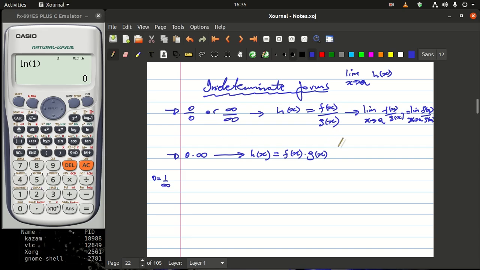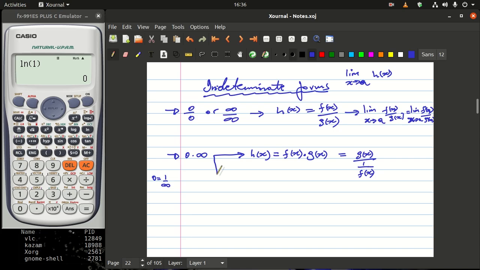What you basically do is convert this to be actually a function. If you want infinity over infinity, this function infinity here belongs to g of x, so you're going to keep it as it is, and then you want to change this 0 so that you get infinity over infinity, so you will say it's 1 over f of x. So that is what you do.